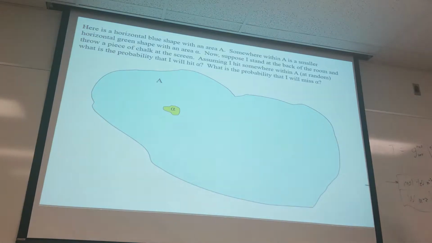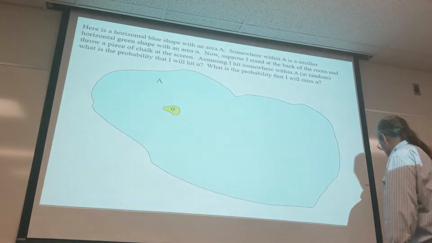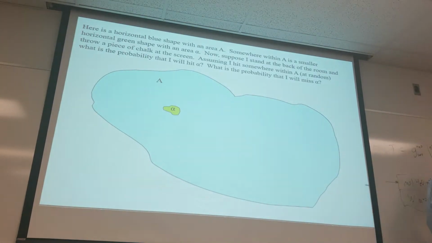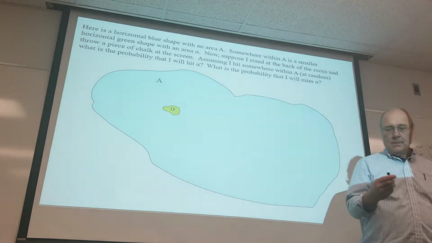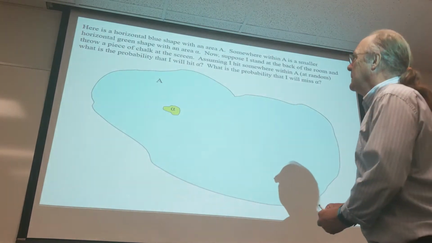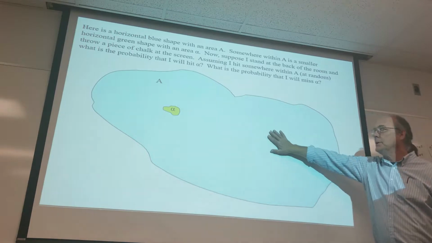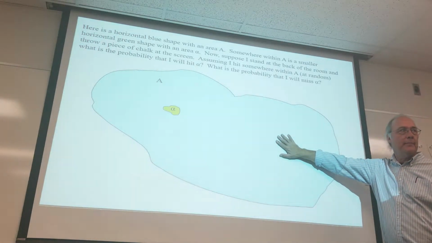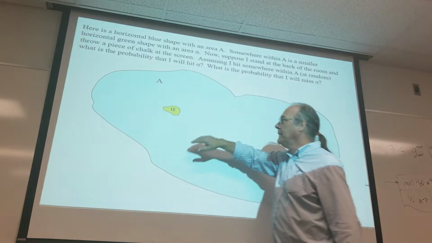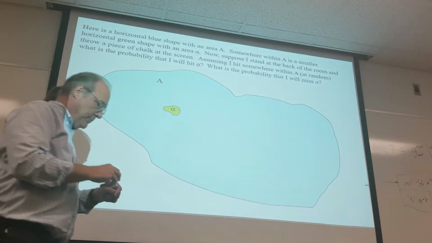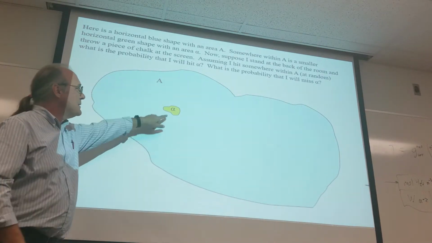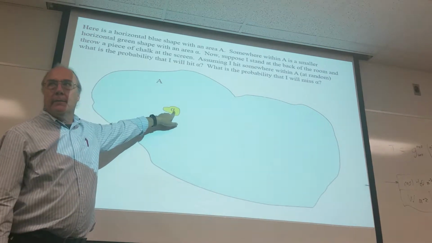Let me start with this. Here we have an area, a blue area with a capital A. Let's superimpose on that, at random, some smaller area, alpha.